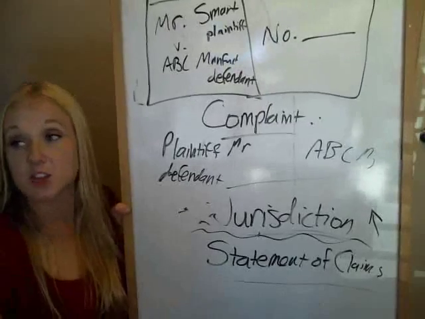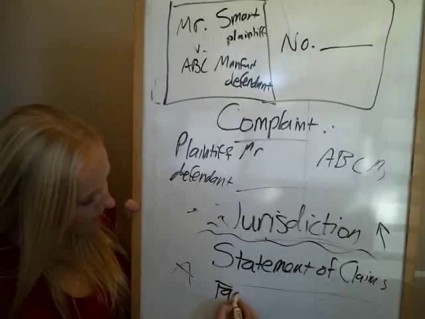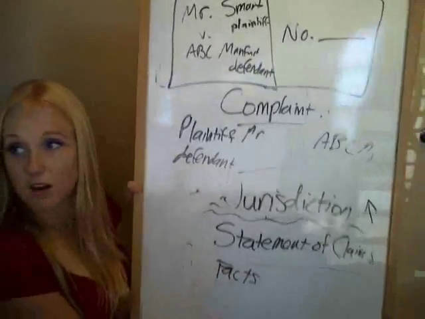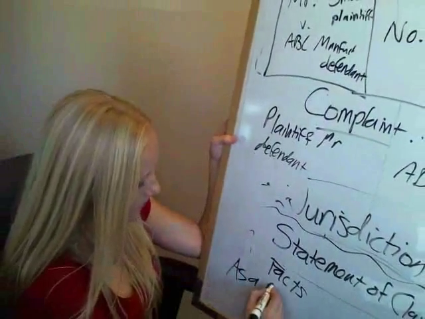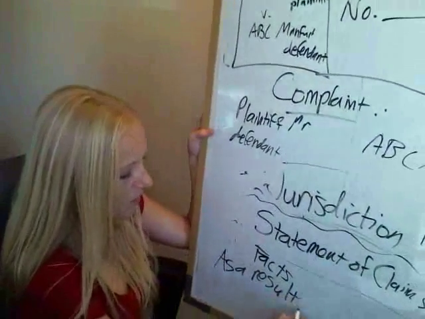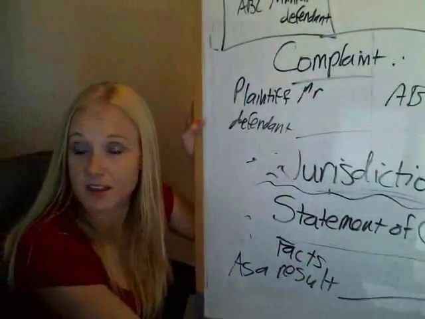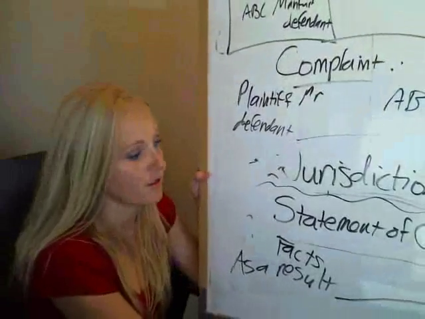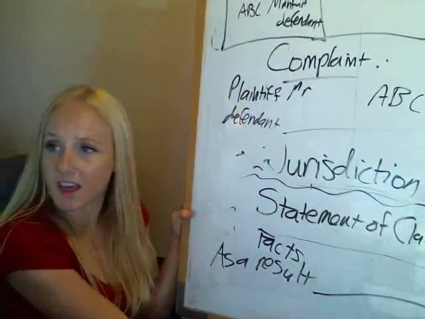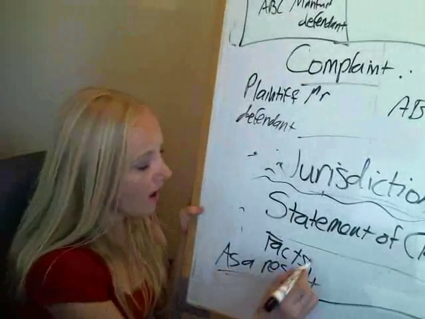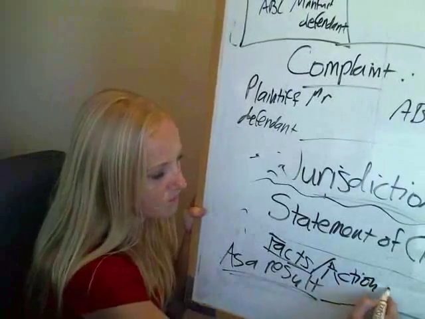And in addition to the facts of what happened, you need to include, as a result, the hostile work environment of Mr. Bradley Smart, and that he either had to quit his job or couldn't keep working in that environment, what the result of these facts and actions in the case were.